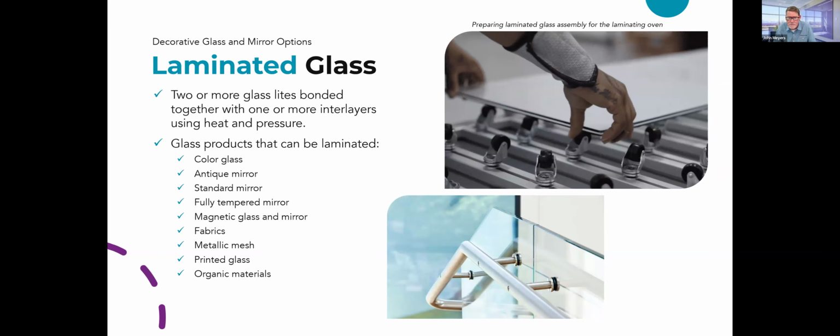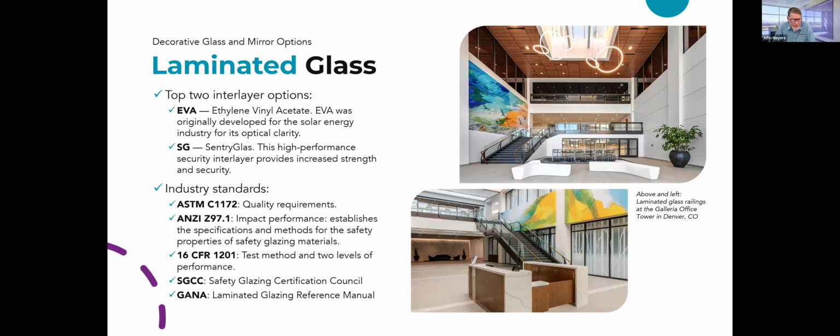The EVA and Centuryglass are the two most common inner layers. The EVA was originally developed for the solar energy industry for its optical clarity, but it has since become the popular go-to traditional laminated glass application. It's also very well suited for decorative applications where non-glass material is laminated between the glass.